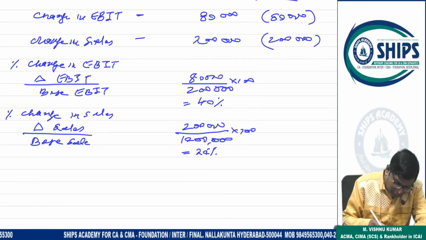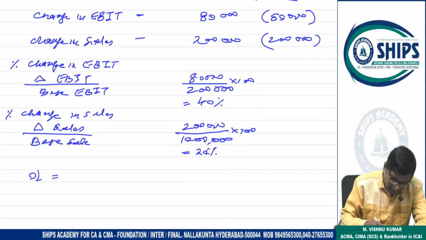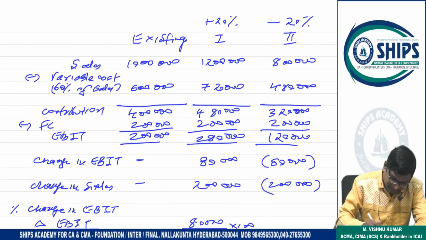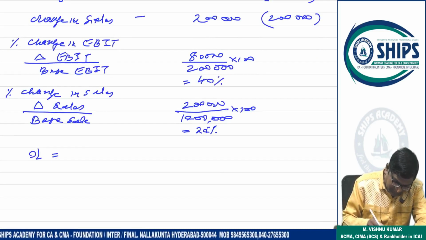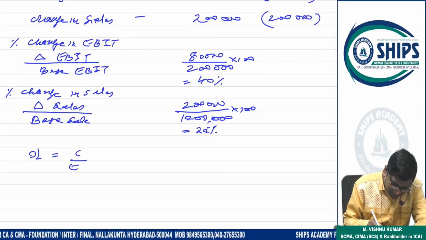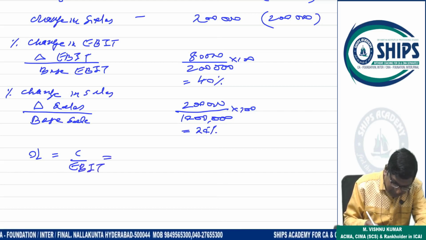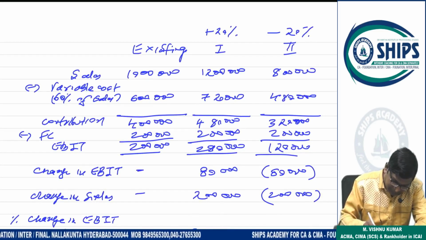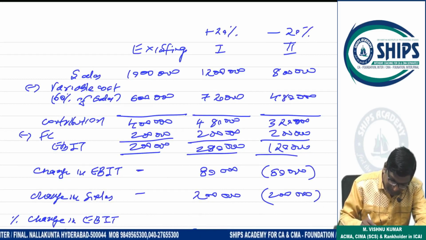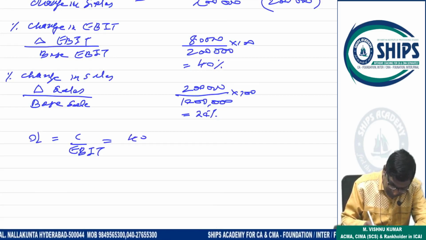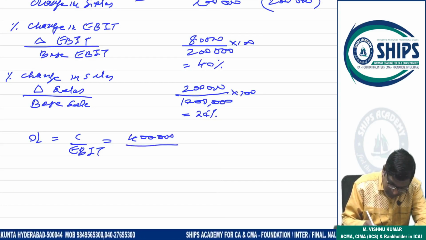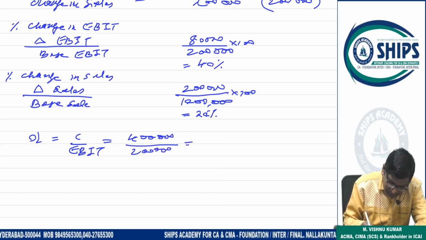Now first I am calculating operating leverage for the existing level. What is the formula? Contribution by EBIT. So contribution how much here? 4 lakh. EBIT how much? 2 lakhs. So 2.